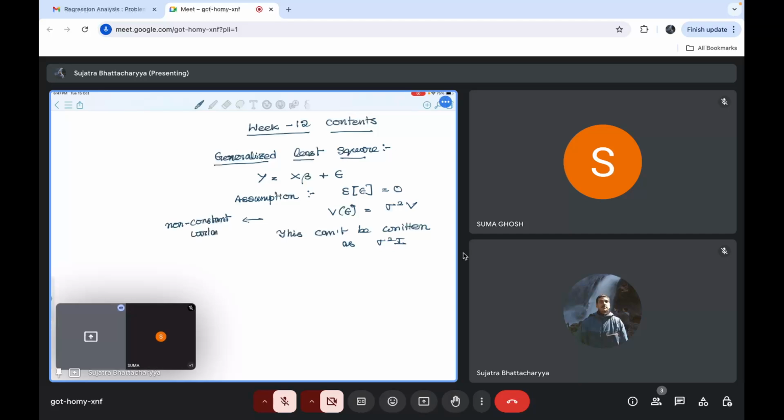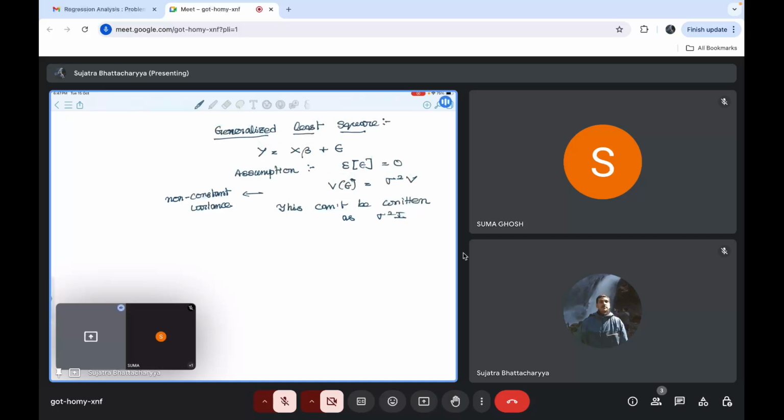There we use this generalized least square technique. There are many other things which we have discussed, that is, when the response variable observations have unequal variances. We have discussed this in that lecture.